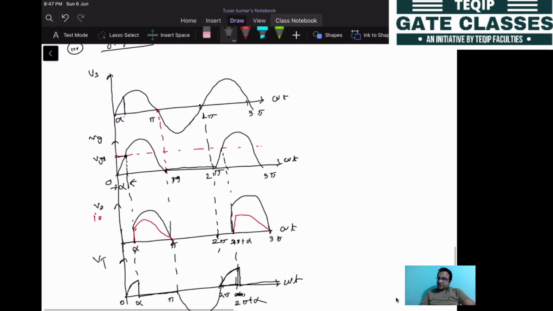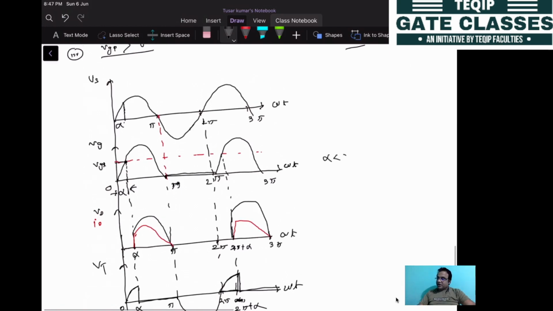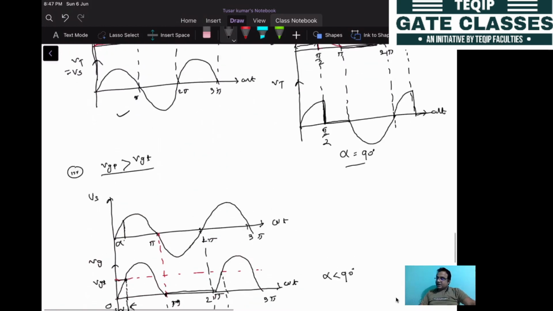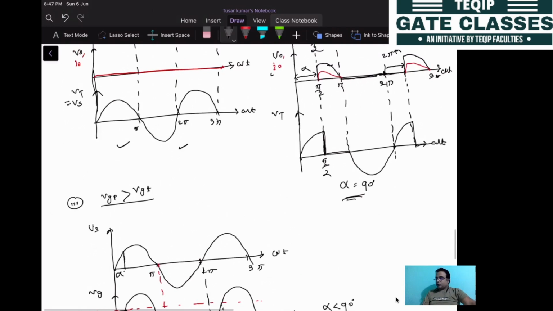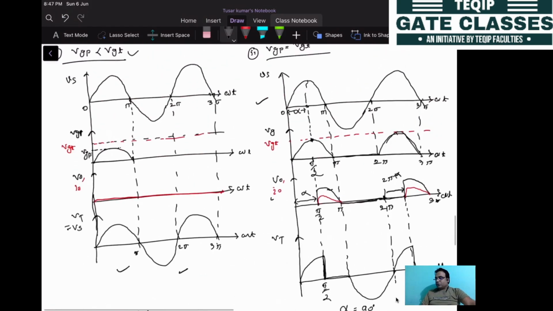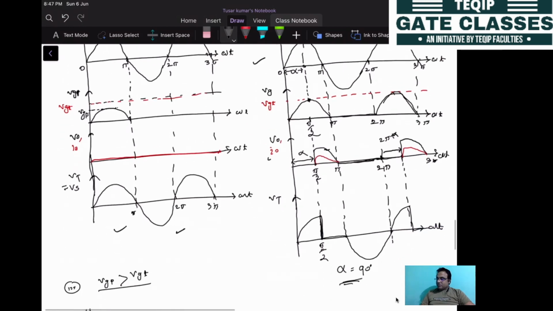So if you look here, alpha is less than 90 degree. And here you are getting alpha equal to 90 degree. But here the device is not switched on. So from this particular configuration of the firing circuit, we come to know that the maximum delay angle that we will be getting will be 90 degree. So alpha will vary from 0 degree to 90 degree.